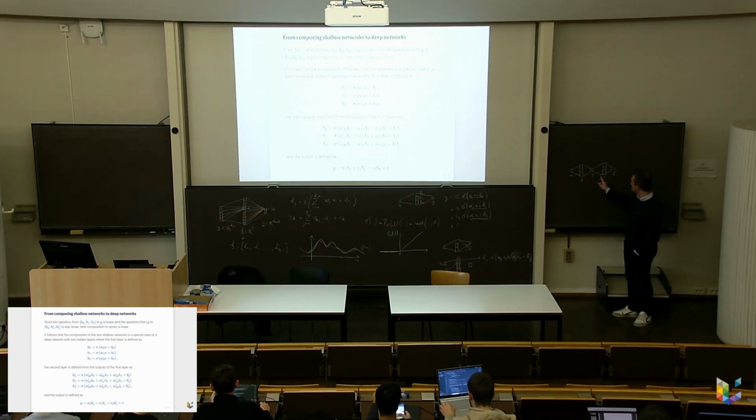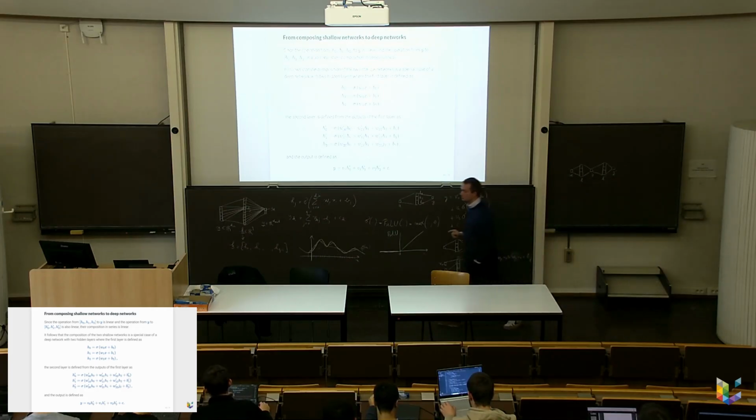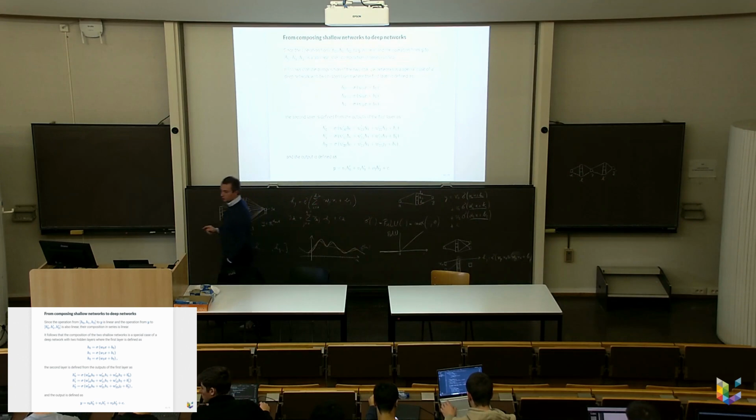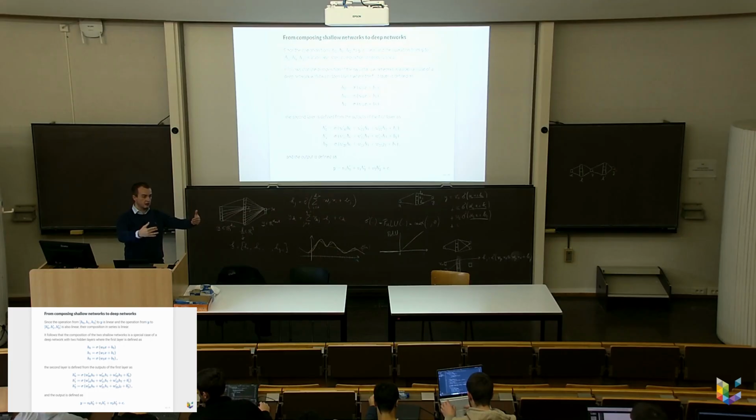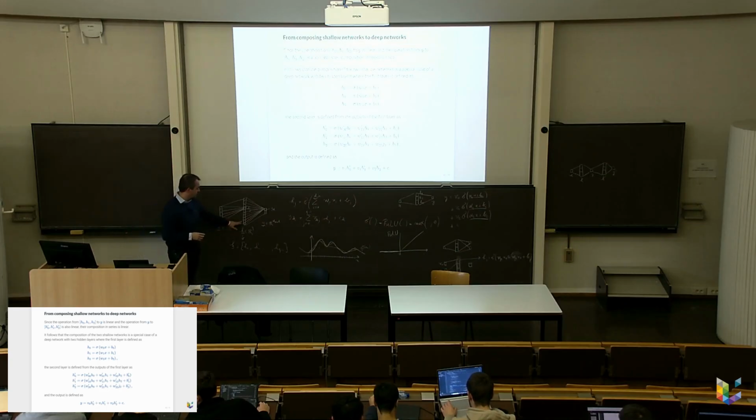So this neural network is actually a special case of a more generic neural network where you would have an input as before mapped to a first hidden layer producing a first vector of values, and then this vector could also be used as input to a second hidden layer.